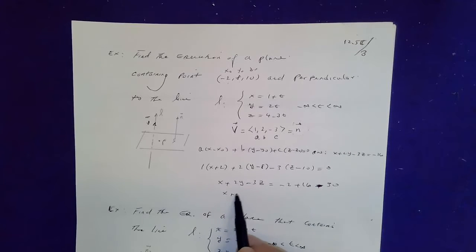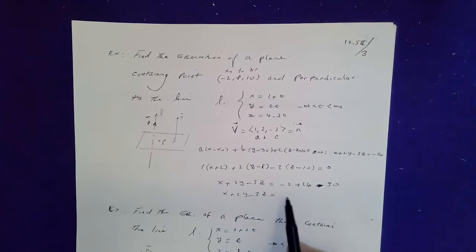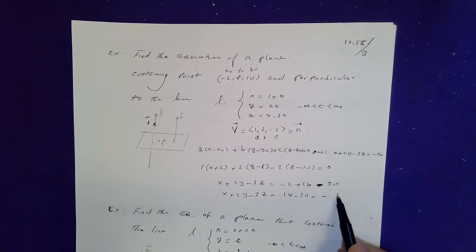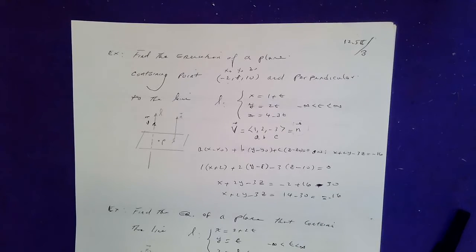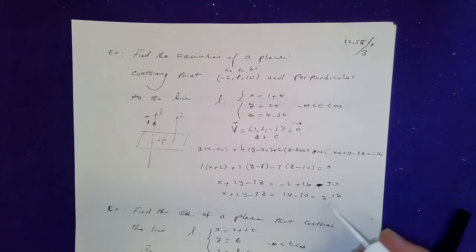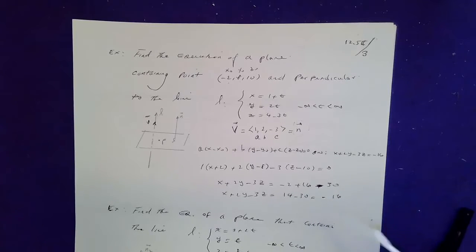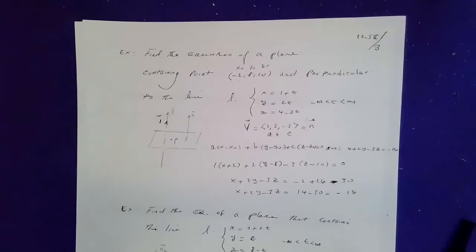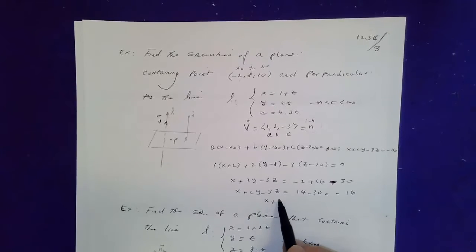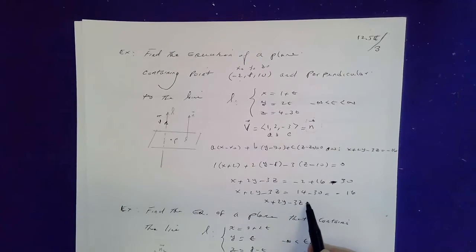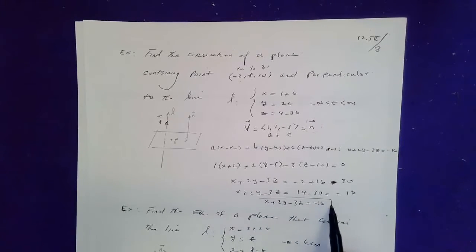So that will be x plus 2y minus 3z equals 14 minus 30, which is negative 16, is it? Is that right? Negative 16. So the final answer would be x plus 2y minus 3z equals negative 16.